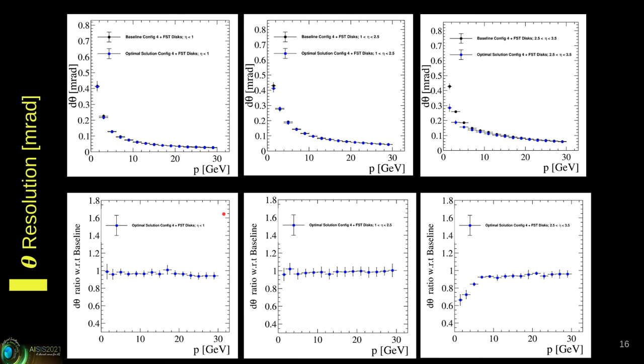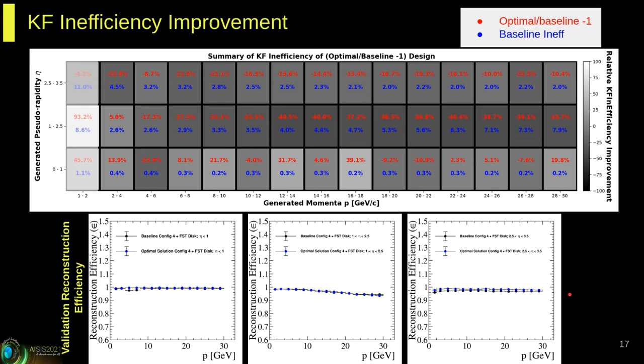Similarly, for the position resolution theta, we do see an improvement in the final eta bin between 2.5 and 3.5. The plot on the top is a measure of relative Kalman filter inefficiency in bins of pseudorapidity eta and generated momentum p. The red numbers denote the optimal Kalman filter inefficiency improvement with respect to the baseline, and the blue denote the baseline Kalman filter inefficiency.